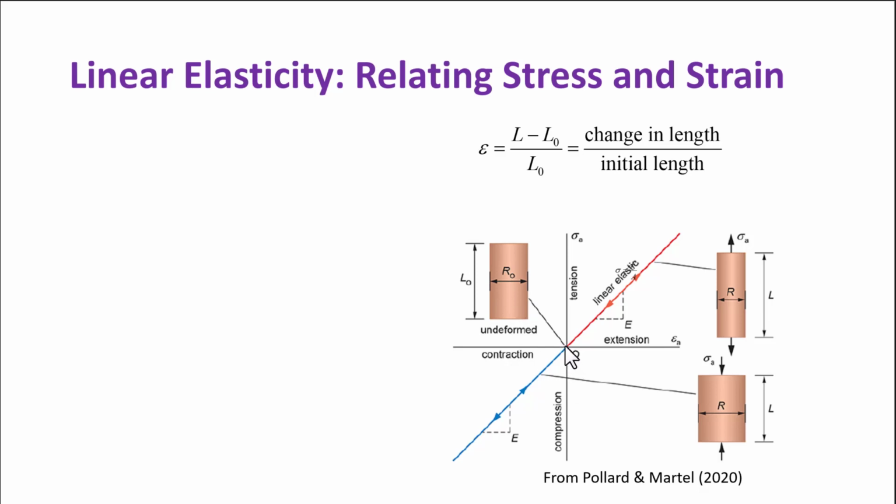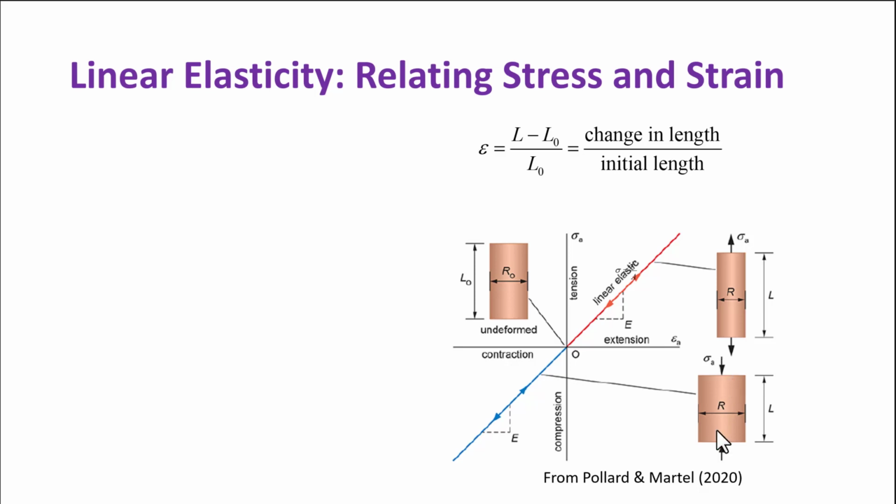The state will plot at this point. When the sample is stretched under tensile stress along its axis, strain increases and tensile stress increases. That's this red line. The slope of this line is the elastic stiffness.